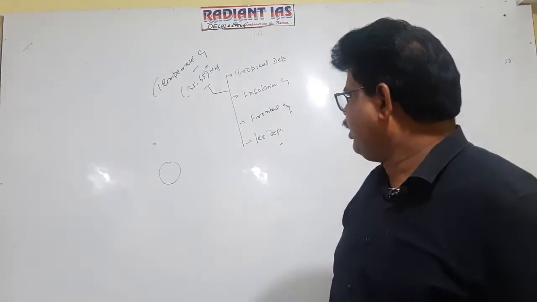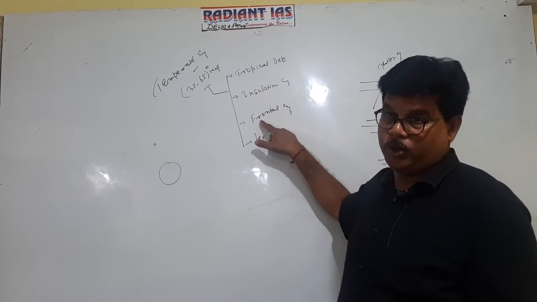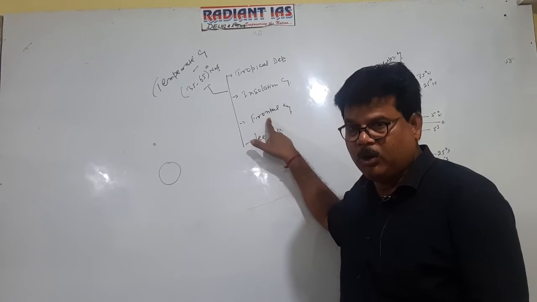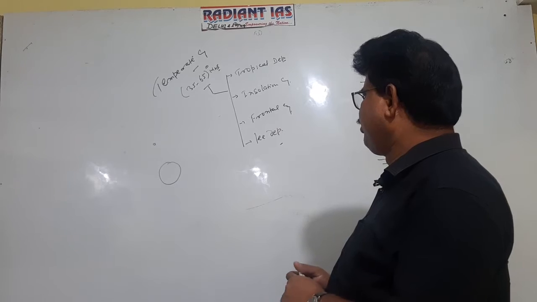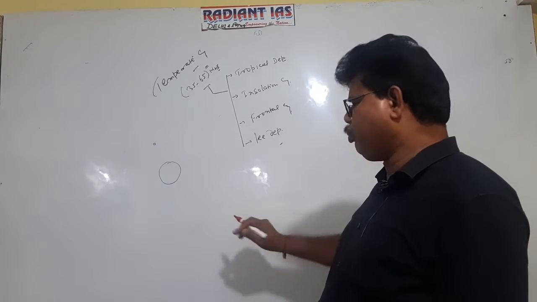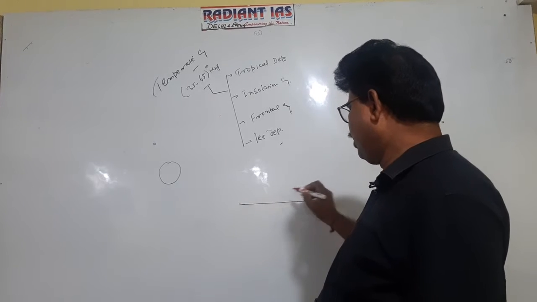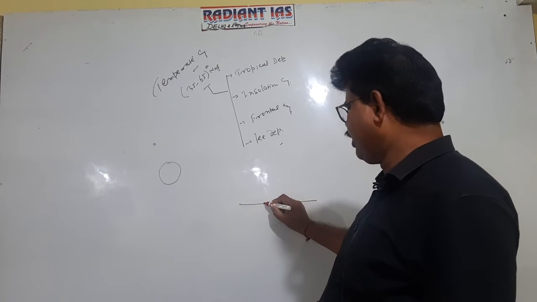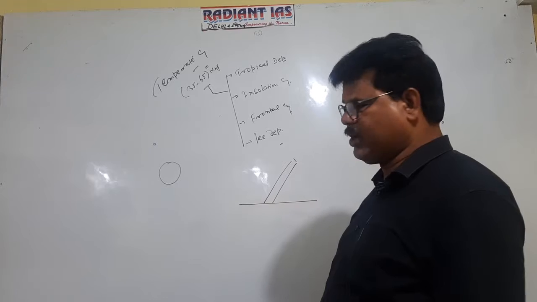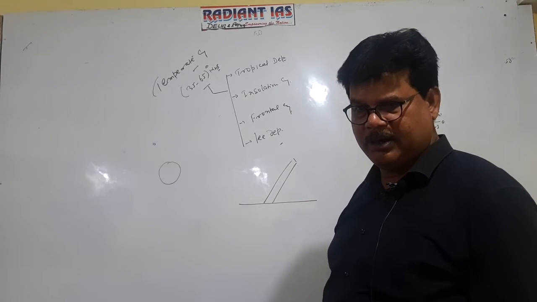Okay. Next one is frontal cyclone. This is the original type of temperate cyclone. According to polar front theory, when two contrasting air masses converge along a line, a front is formed. Okay. It is clear now?